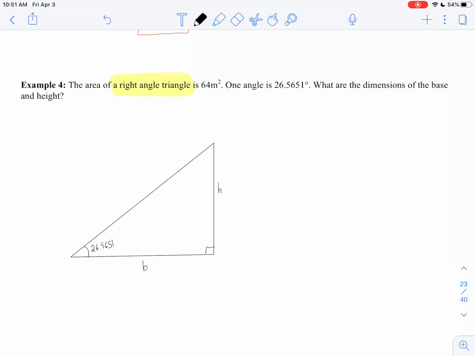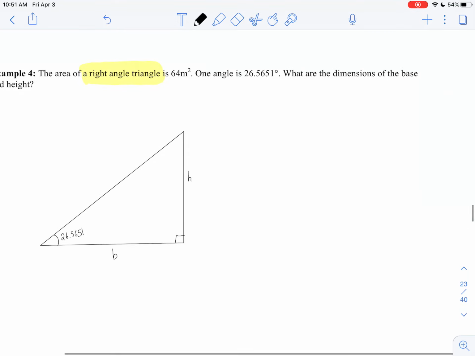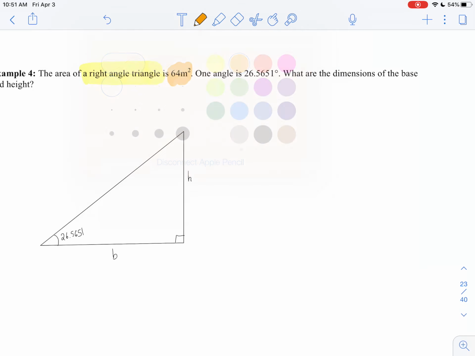Let's label those two. The first thing we know right from the question is that the area is 64 meters squared. So I know that area is equal to 1/2 times the base times the height. And we also know that area is 64.